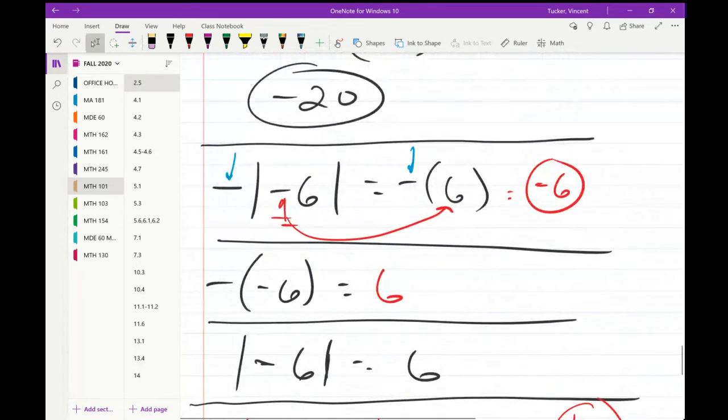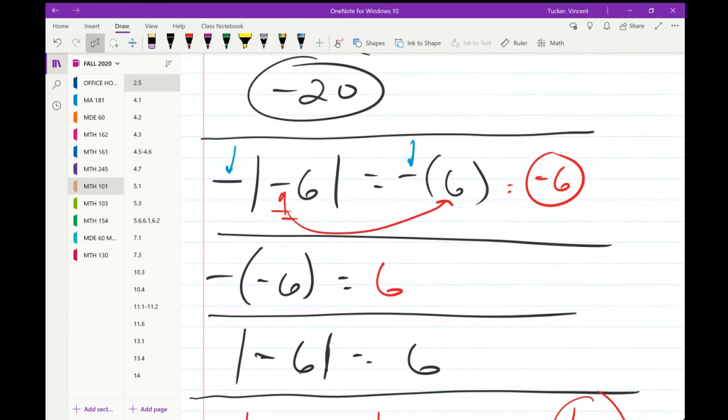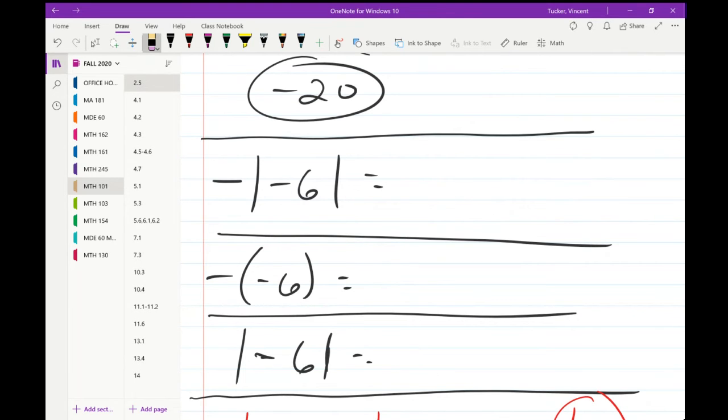Okay. So here I was just emphasizing some things about absolute value. Let me erase some of this and walk through it. So just the difference between seeing a negative involved with the absolute value symbols and what our absolute value symbols are and how they apply.